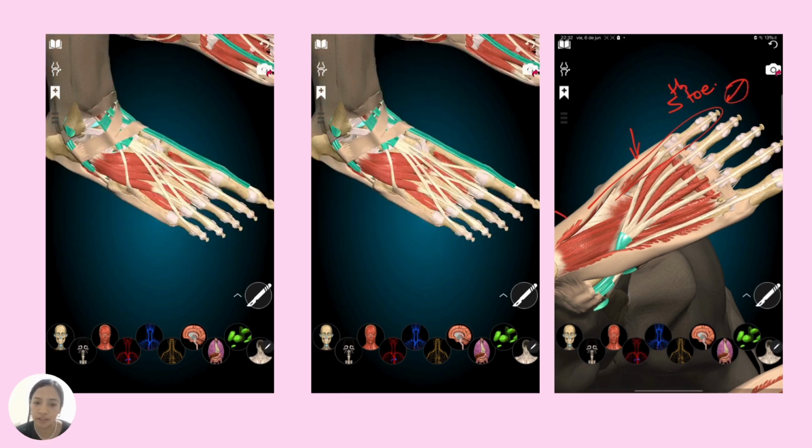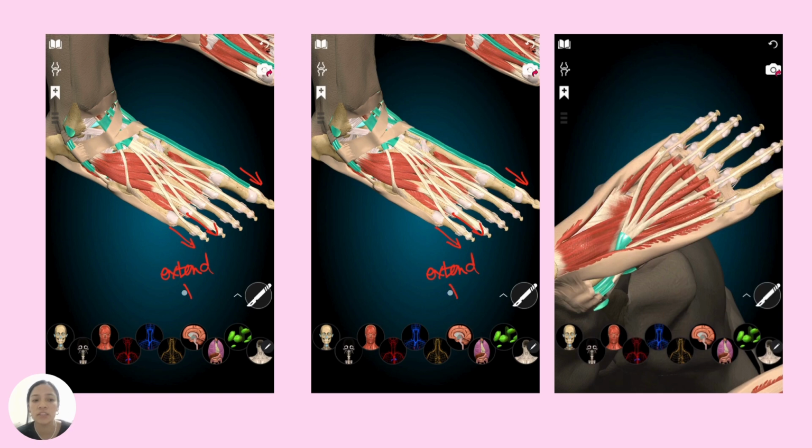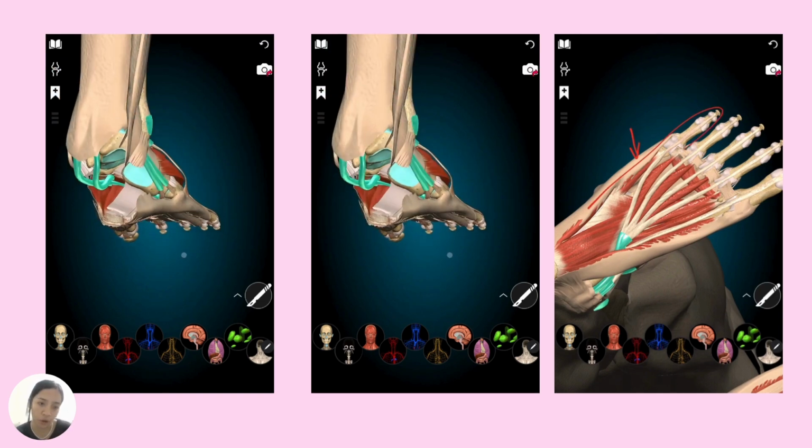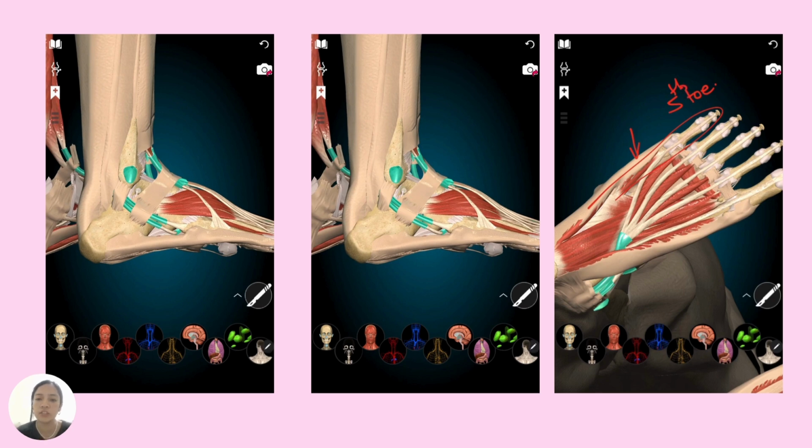It forms two tendons that insert in the medial and the lateral sesamoid bones at the base of the proximal phalanx of the big toe. The tendon of the flexor hallucis longus runs between these two insertions, which are in the third video, in the lateral part of the toe.